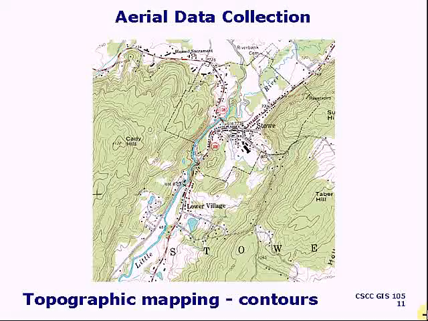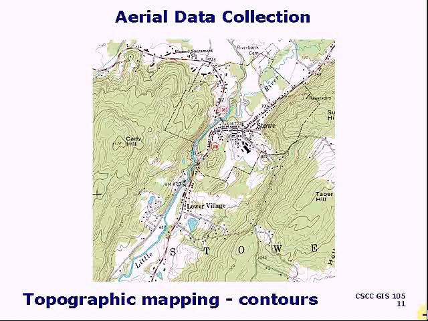It's usually scale and view independent. The only consideration to scale is the smaller the scale, the closer the contours are going to get together, and the harder they are going to be to read. So with smaller scale photography, we're talking about paper maps, you would typically be looking at larger contour intervals.